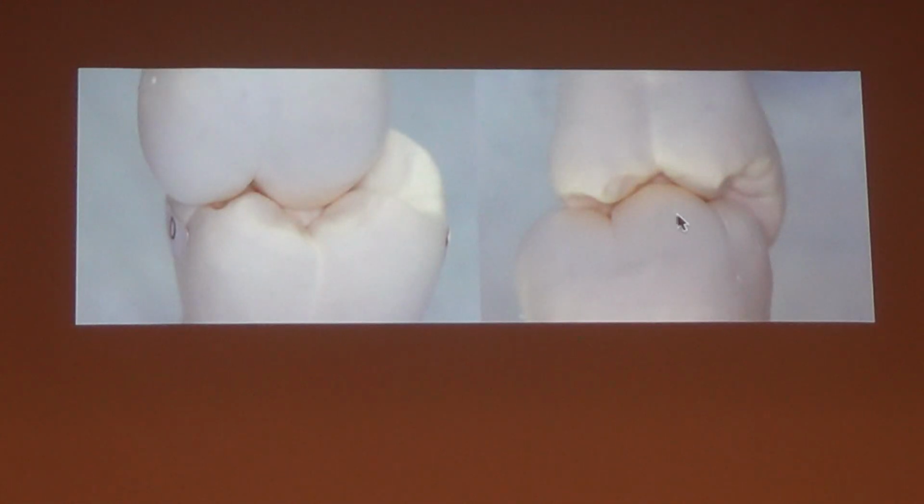Otherwise, if you make the opposite torque, let's say these cusps are covering the buccal surface of the lower, I will have this cusp in the air.